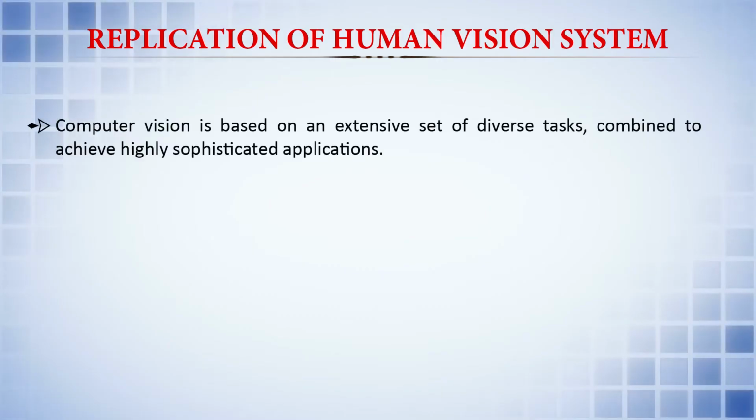So, in the earlier session we have seen the basic difference between human vision and computer vision, or else how they are similar to each other. Computer vision is based on an extensive set of diverse tasks combined to achieve highly sophisticated applications.